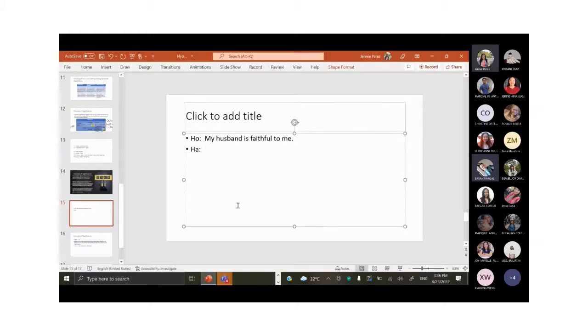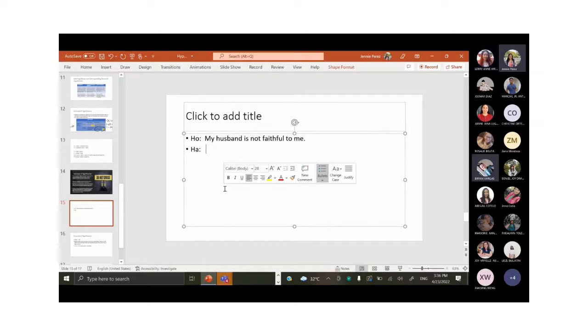What should be your alternative hypothesis? Is not faithful, here actually, is the null hypothesis. What would be your alternative hypothesis? The opposite, Doc. My husband is faithful to me. Yeah, my husband is faithful to me.